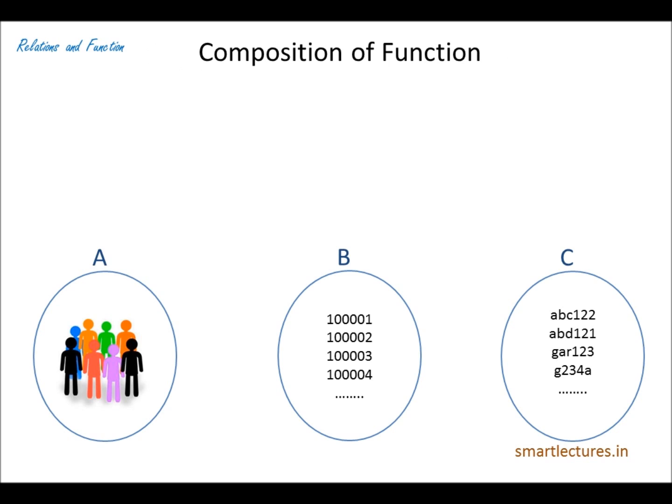Now let's try to understand the concept of composition of function with the help of an example. Remember, in your class 10 board examination, each student is assigned a unique roll number, and after the exam is over, the students hand over the answer sheets to the board officials.